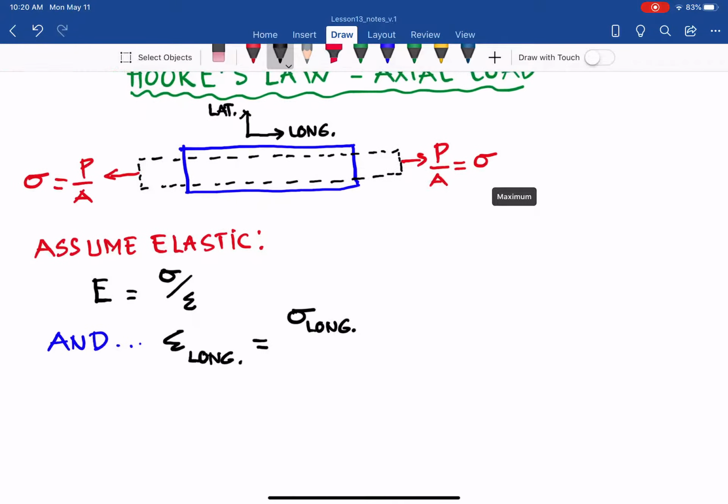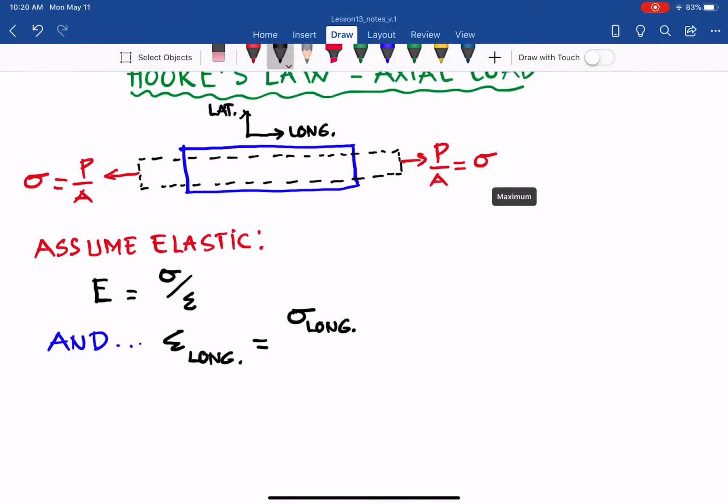And of course, we also have the Poisson ratio. If the longitudinal axis increases in length, the lateral axis will reduce in length, and that is represented by the Poisson ratio, the Poisson effect.